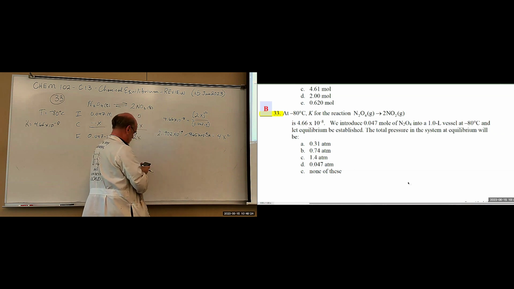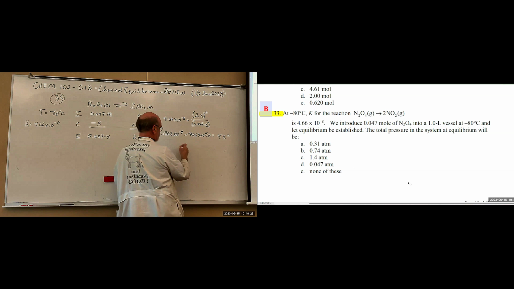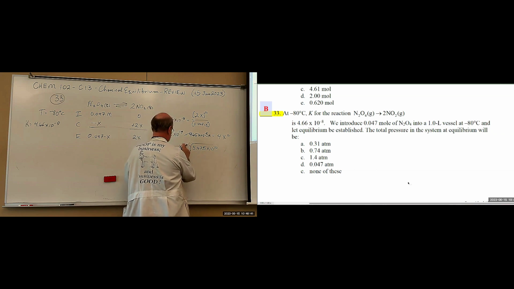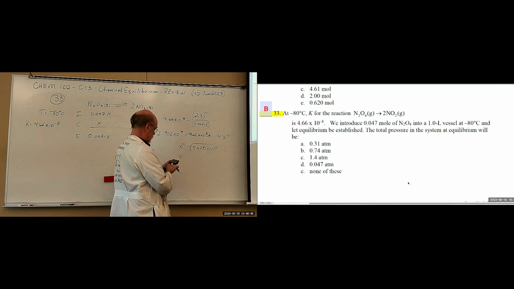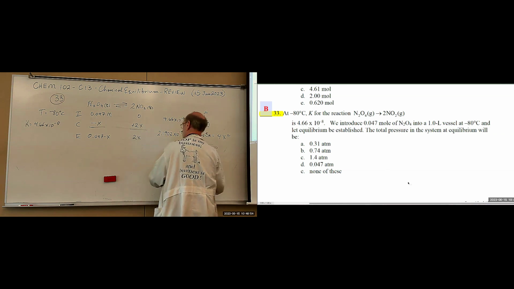Divide this one by 4, and then take the square root of it, right? So 4, that's 10 to the minus 10, X squared. So X would be equal to the square root of it, 2.34 times 10 to the minus 5 molar.